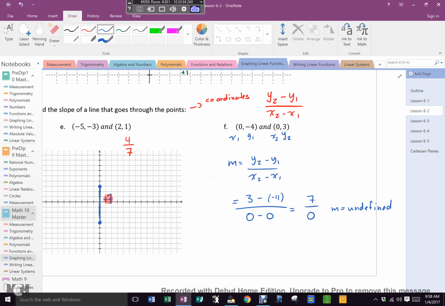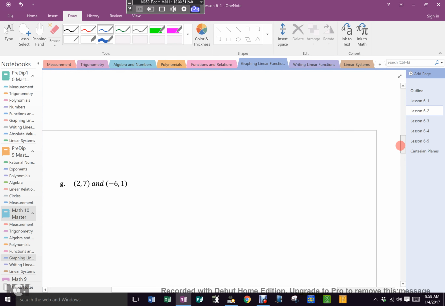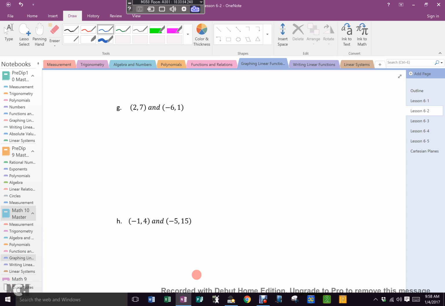Everybody good? All you have to be able to do is subtract, and you can always find your slope. Cool? So here, I have given you no graphs, have I? You guys should have whatever letters you're at. You're at K and L. But it should be those same points, yes?